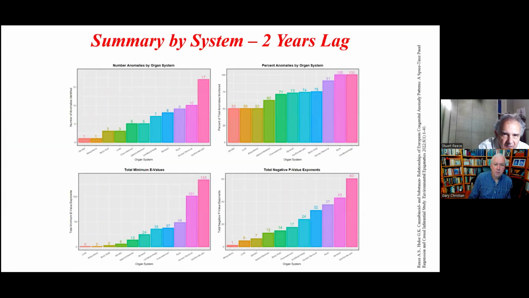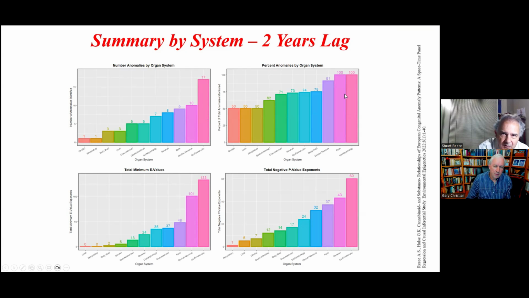Now, this is the summary by system at 2 years lag. So we're looking here at 2 years lag of exposure, and these are the systems implicated in these 95 birth defects tracked in Europe. This is the number of anomalies found to be linked with cannabis by organ system, cardiovascular, central nervous system.